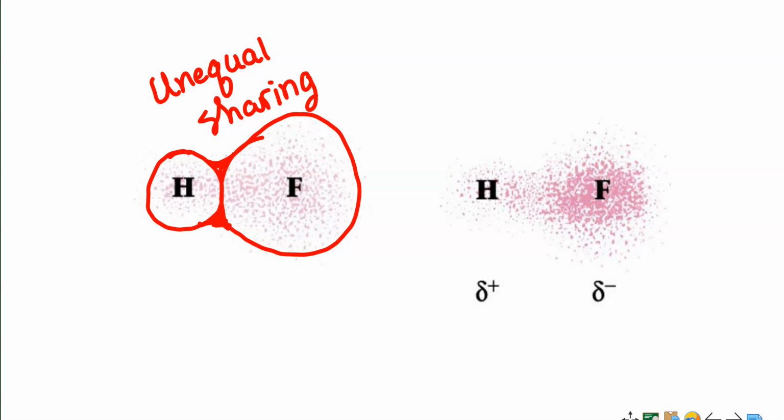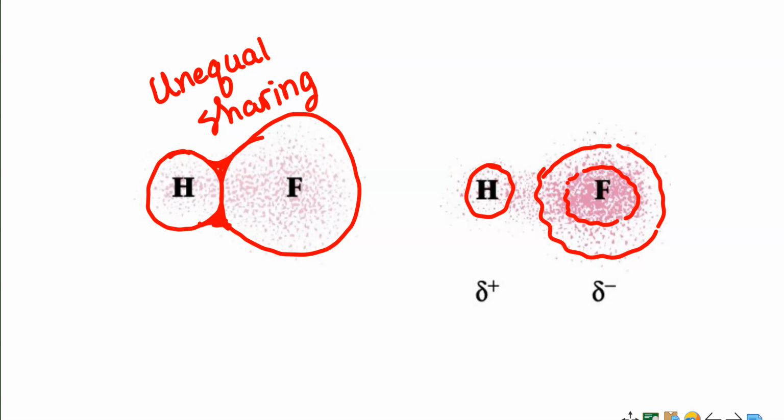Since they are sharing unequally, what happens is most of the electrons are spending their time over here by fluorine, rather than over by hydrogen. So they get what's called a partial charge.